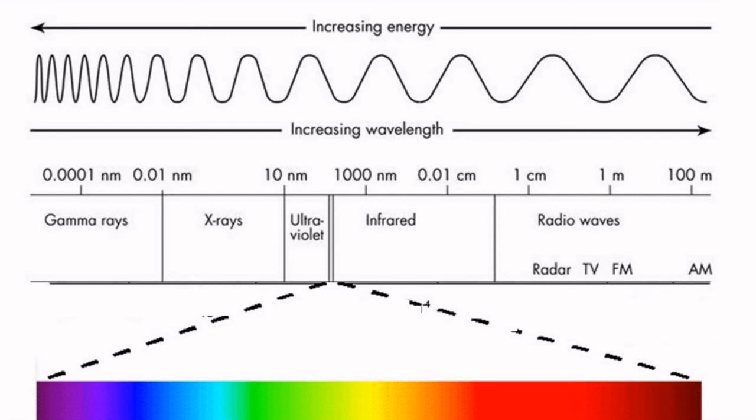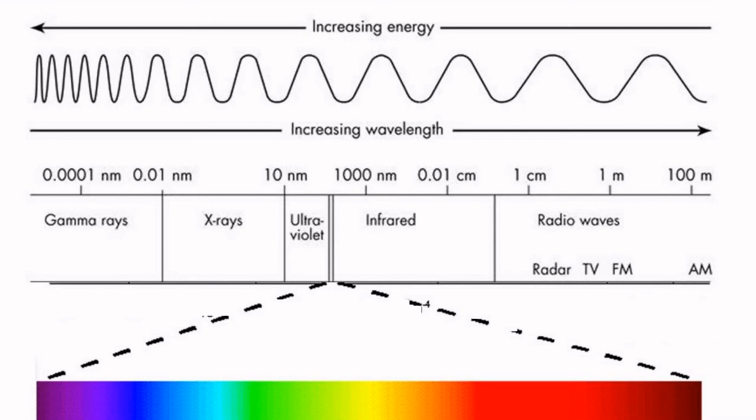Waves traveling with the velocity of light and consisting of oscillating electric and magnetic fields perpendicular to each other and also perpendicular to the direction of propagation are called electromagnetic waves. And the waves with different ranges of frequencies constitute an electromagnetic spectrum.